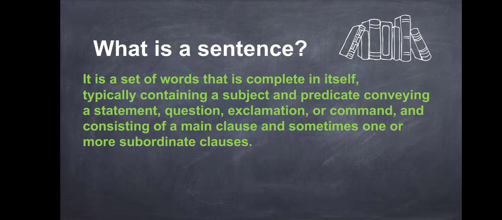A sentence is a set of words that is complete in itself, typically containing a subject and a predicate, conveying a statement, question, exclamation, or a command, and consisting of a main clause or sometimes one or more subordinate clauses. So let's see what is a clause.